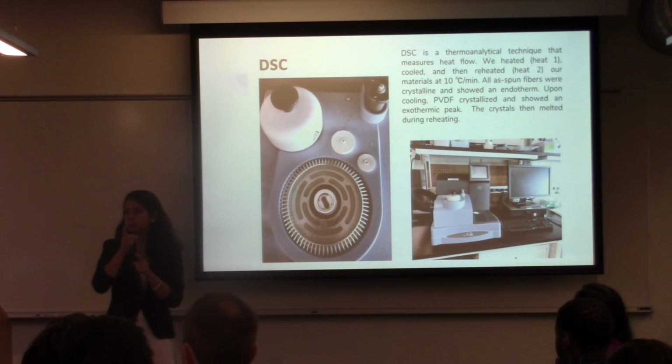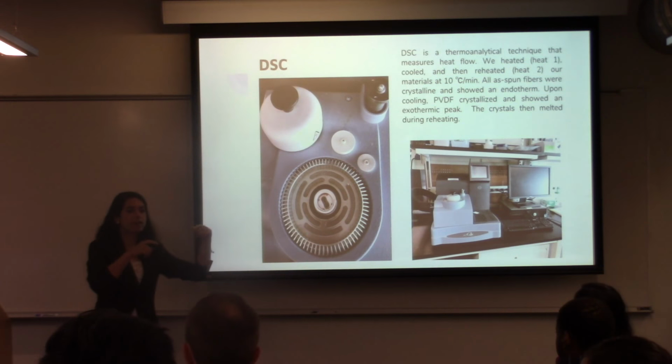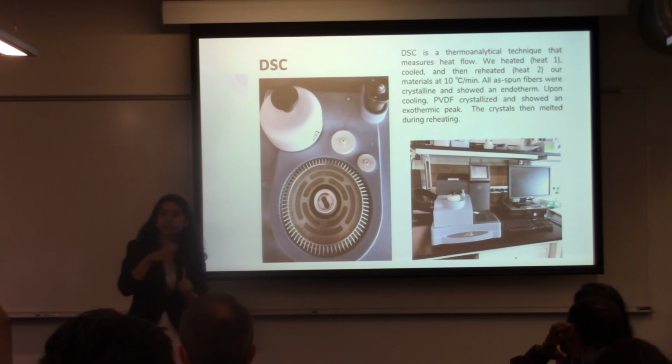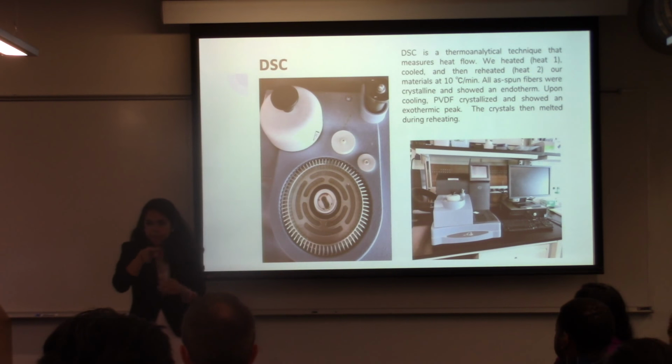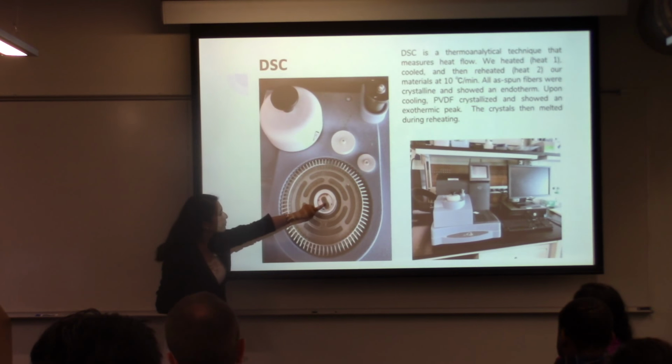And we're doing 10 degrees Celsius heating per minute, comparing our material to see where it melts. We also cool it. We look for a reheat to see where crystals show up in the cooling, and in the reheating where it melts again.